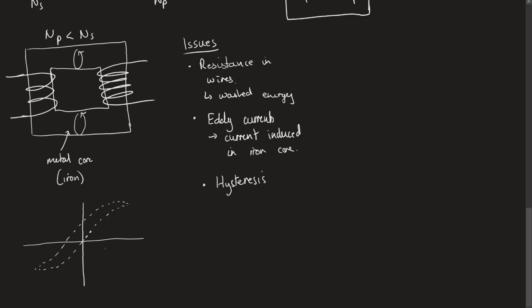I'm magnetizing it and demagnetizing it, and that requires energy. What we find is the amount of energy that we lose is equal to the space in between these two lines. Okay, so it's a loss of energy from magnetization and demagnetization.